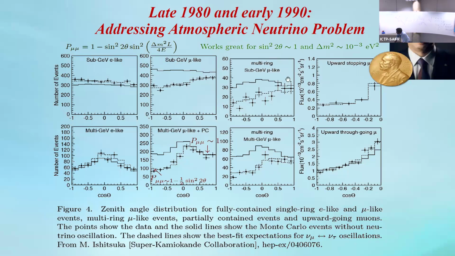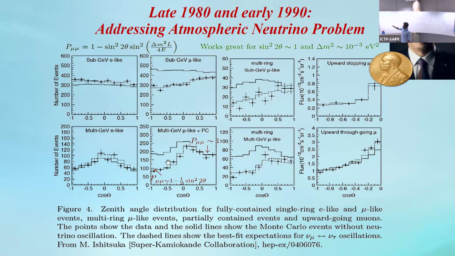Now you see if sine square 2 theta is almost 1 and delta m square is 10 to the minus 3 eV square, you will find this oscillation probability for that particular region is almost 1. But here the oscillation goes so fast that you will get 1 minus half sine square 2 theta. You can work it out, and if you consider this oscillation hypothesis, then you expect this type of spectrum, which can explain the data.